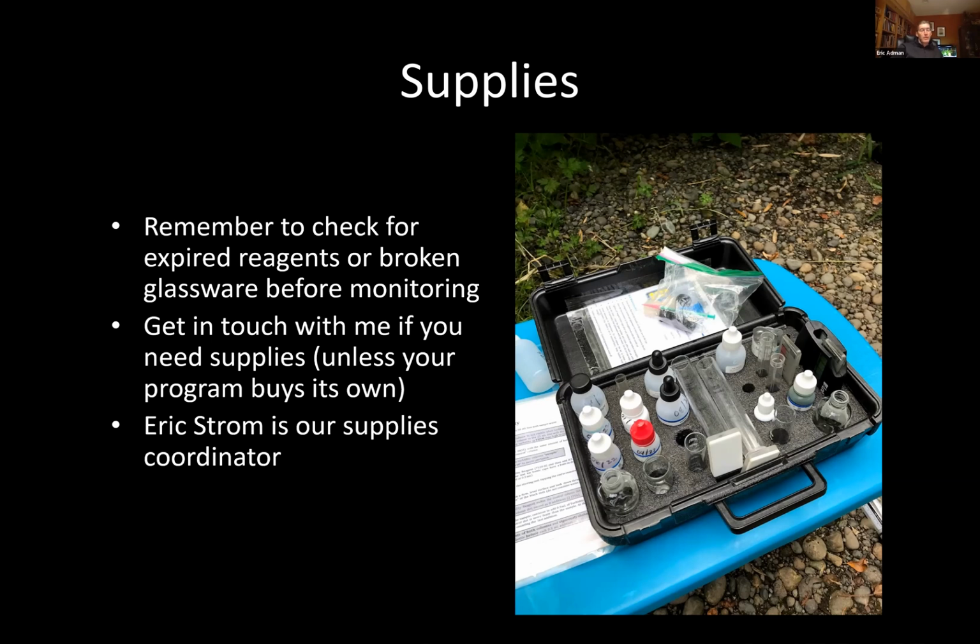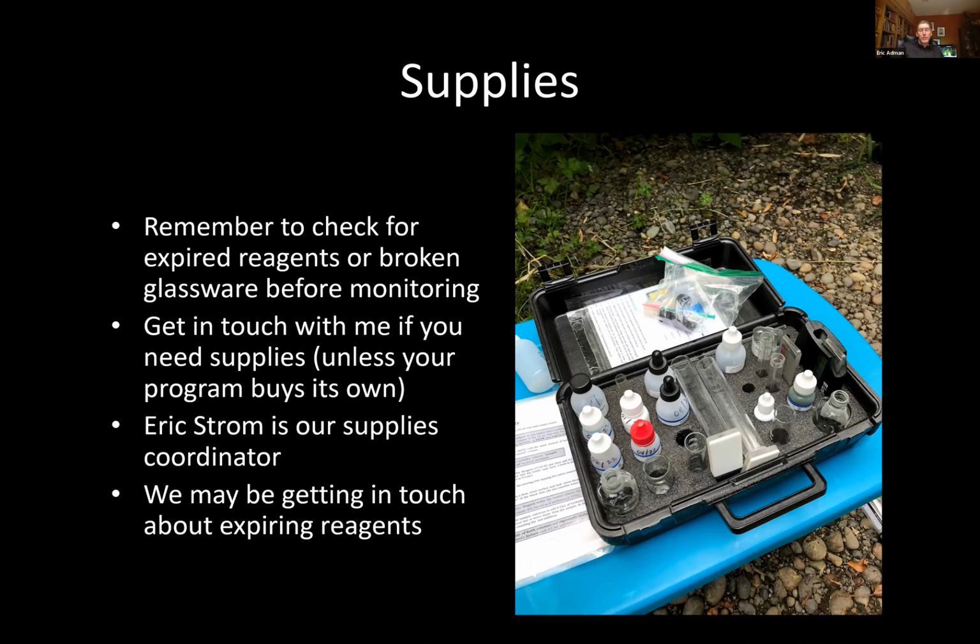So if you already have Eric's contact, you can get in touch with him, but typically he keeps me informed on where we are on supplies, and we always maintain a little reserve of supplies. So if you need supplies, get a hold of me or get a hold of Eric Strom. And he notified me that we've got some things that are going to be expiring soon. So we may be getting in touch about replacing some things as well.